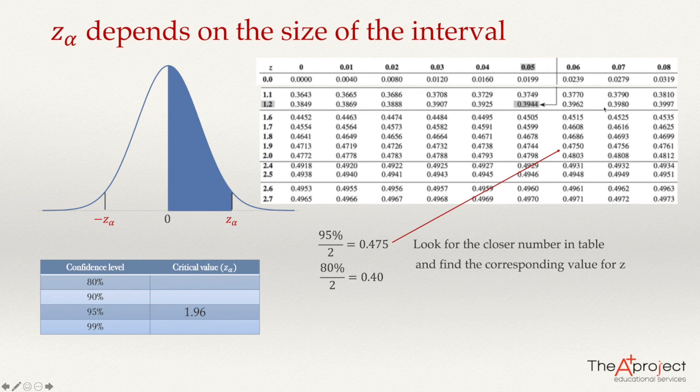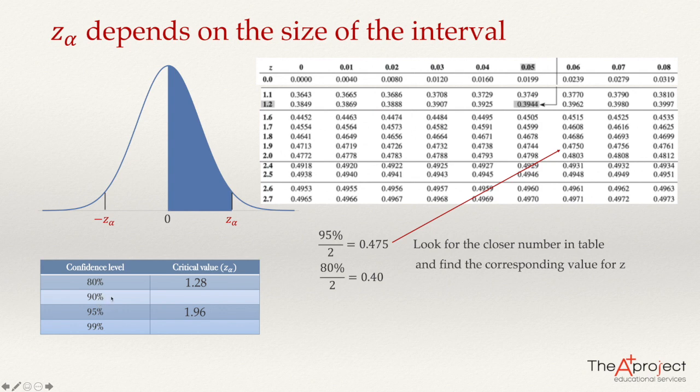Let's continue looking for it, and I see this is the closest one, 0.3997. So this 0.3997 corresponds to 1.28. The critical value corresponding to the confidence level of 80% will be 1.28.